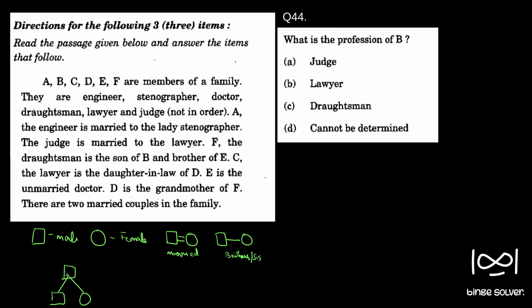So this is a top-down approach. I will use such a drawing to denote a father-son or father-daughter relation. You can use a triangle symbol in case the gender is not clear from the question. So these are the symbols I will be using.